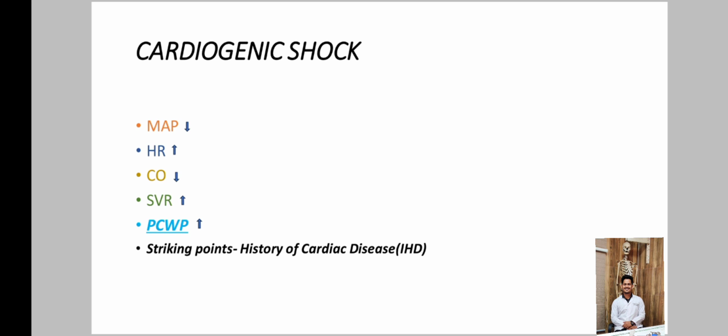Yes. And what is the main thing that you'll notice whenever you find a case of cardiogenic shock in your MCQ? There will almost always be an increase in the pulmonary capillary wedge pressure. Now you'll ask why. Okay, let's understand it. When the heart is not able to pump the blood out, what will happen?